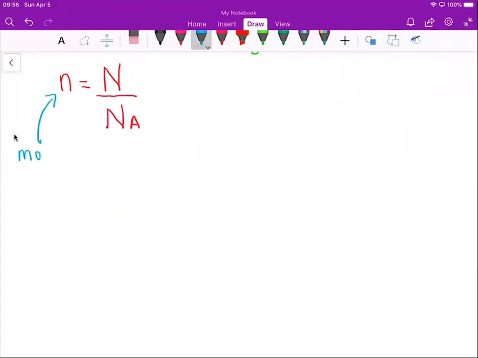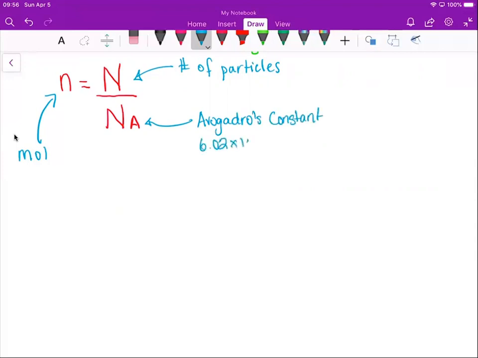These are my moles. This is my number of particles. And this is Avogadro's constant, which is always 6.02 times 10 to the 23.